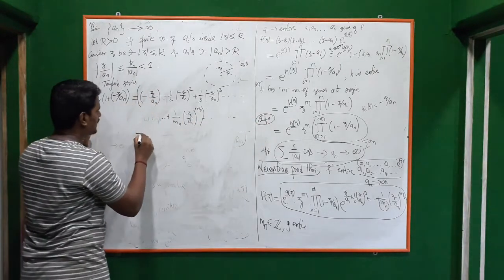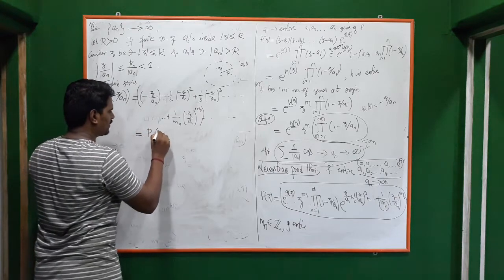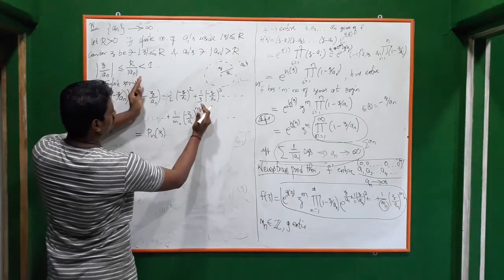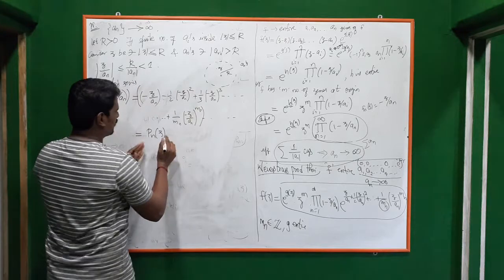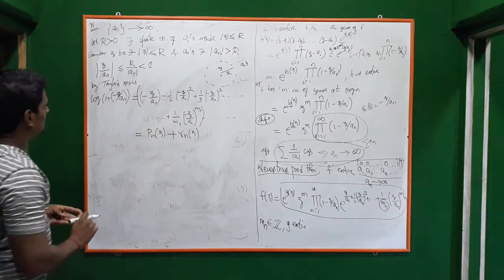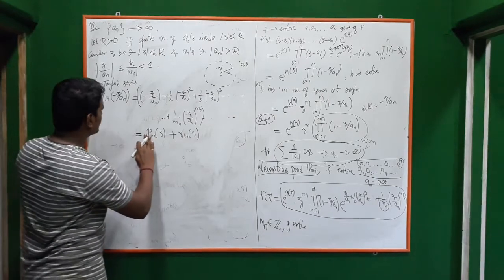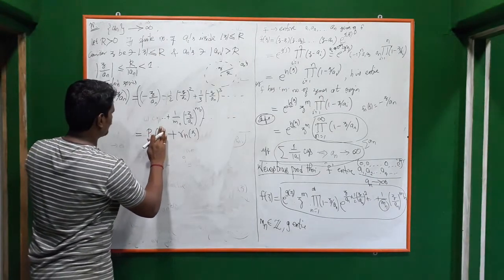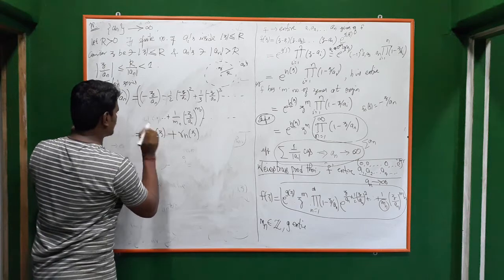That means how can we write this? We can write this as P_n(z), a polynomial of the first m_n terms, plus R_n(z). Instead of considering it like that, I will consider the minus of this.